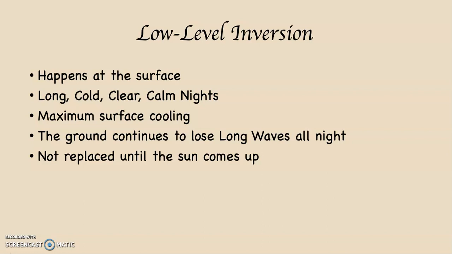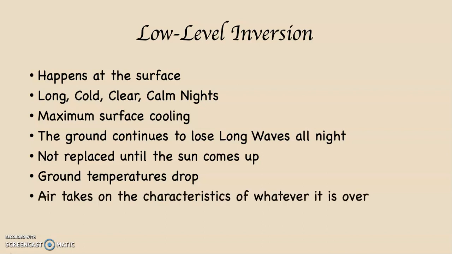Therefore, if we can have very long nighttime periods, we are losing maximum amounts of energy off the surface of the planet. When anything loses energy, it cools off. Because of this, the ground temperatures drop. The ground is losing long-wave radiation that is not being replaced by short-wave radiation.